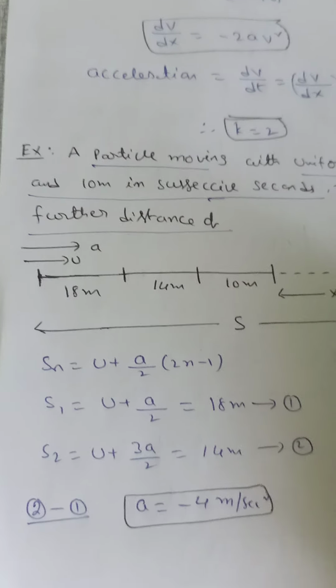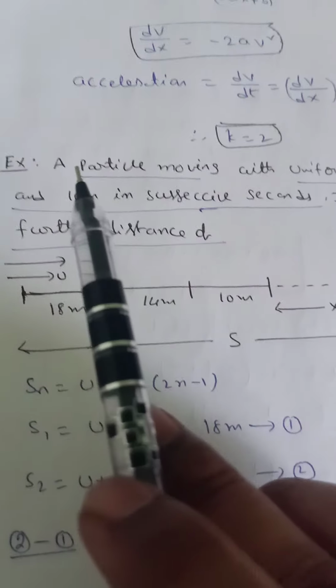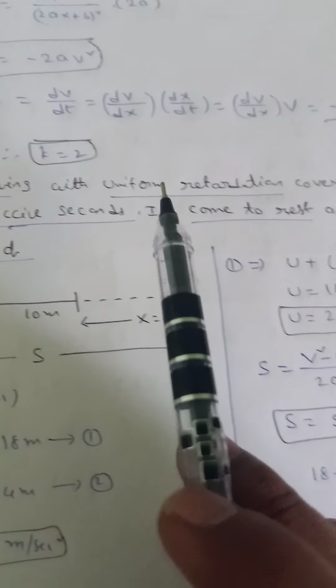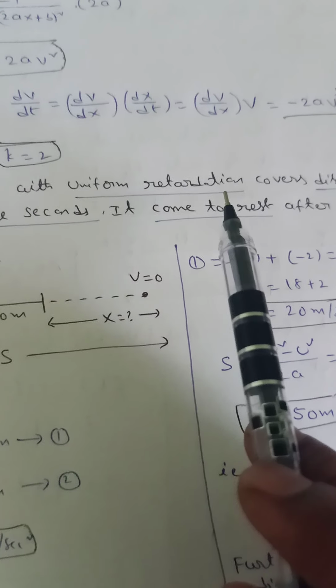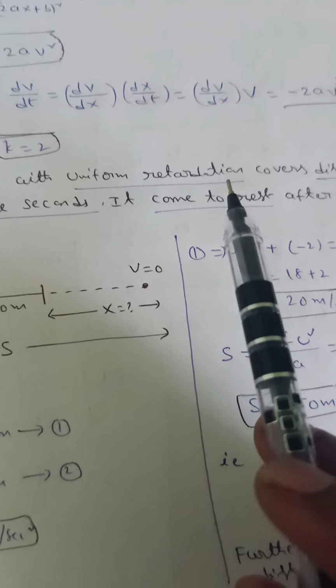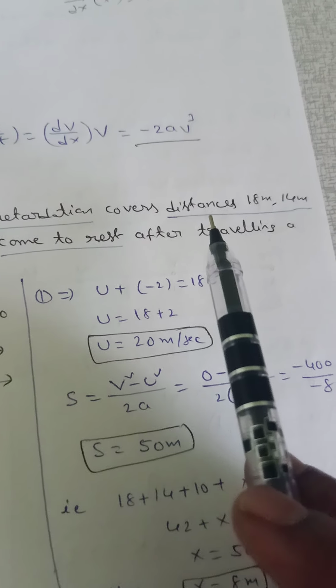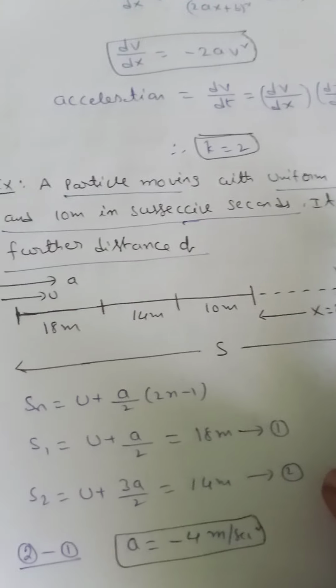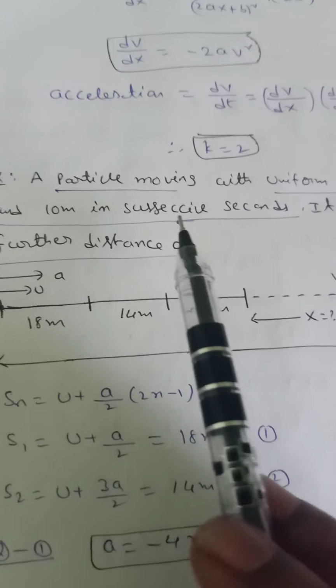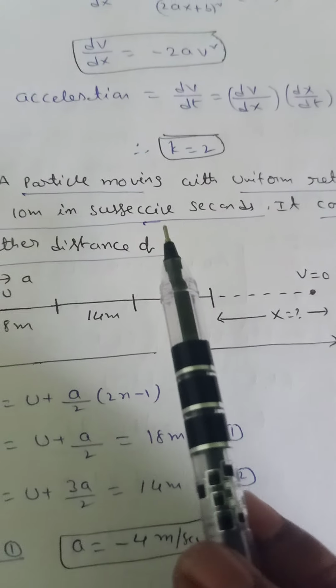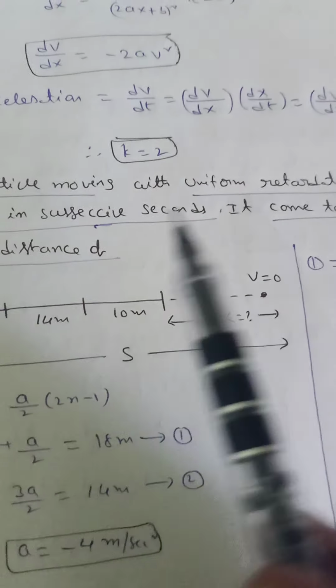And now, lastly, another important model: a particle moving with uniform retardation. Retardation means the velocity of a body decreases with respect to time. The particle covers distances of 18 meter, 14 meter and 10 meter in successive seconds. Successive means 1, 2, 3.